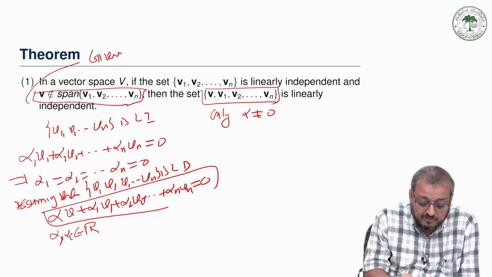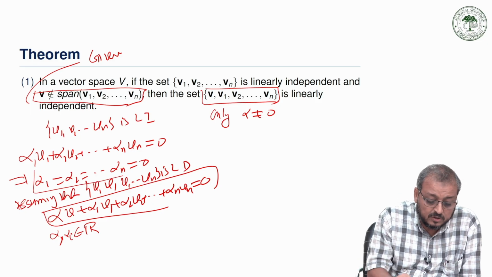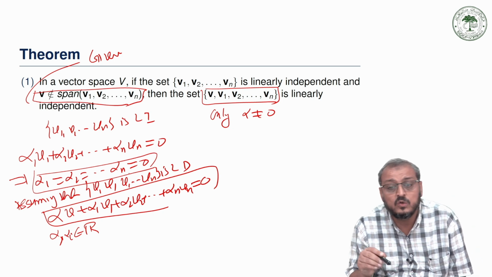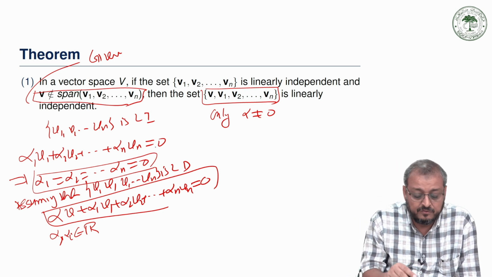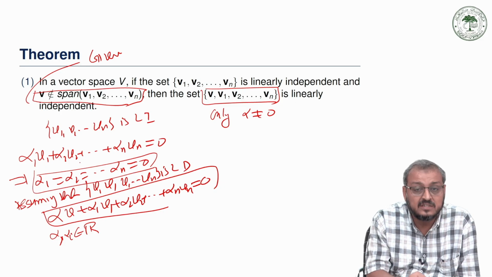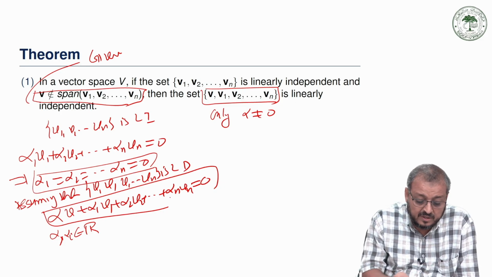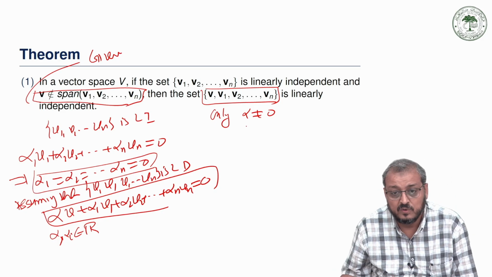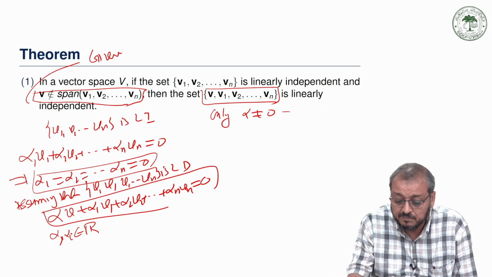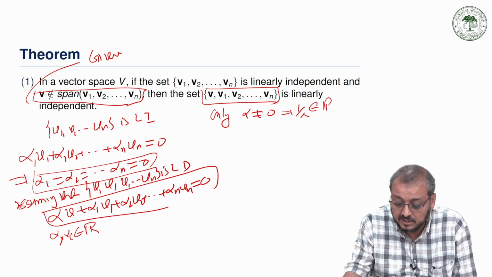Because if alpha 1, alpha 2, ..., alpha n were all 0, that contradicts what is given, since the set V1, V2, ..., Vn is linearly independent, and for a linearly independent set all scalars are equal to 0. So the only possibility is that alpha is not equal to 0, and this implies that 1 upon alpha also belongs to the set of real numbers.